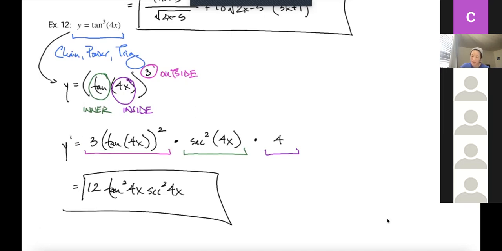This would be our derivative of tangent cubed of 4x. All right. Any questions about what happens when you have more than just an inside and an outside function?